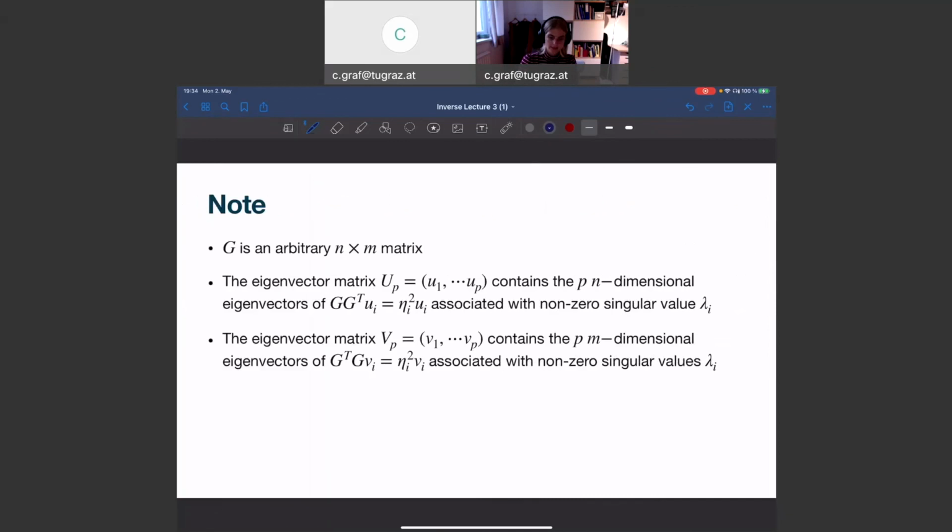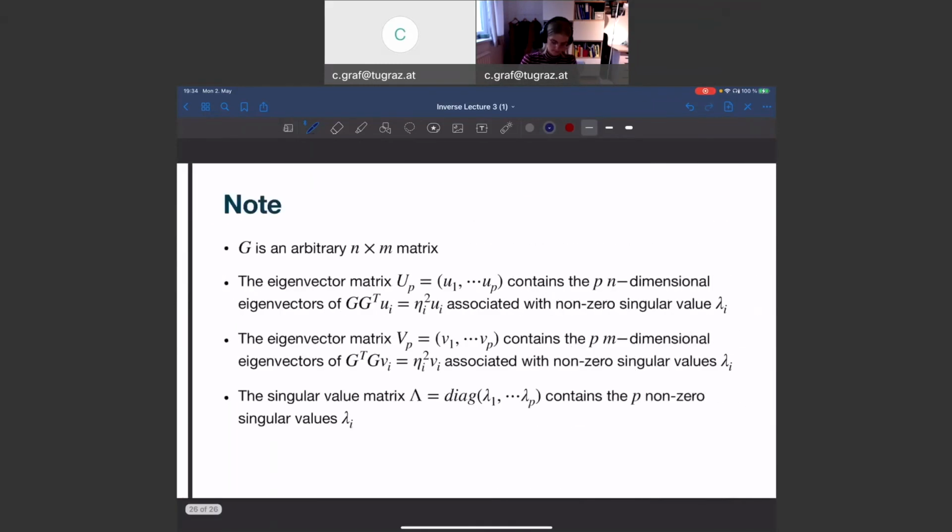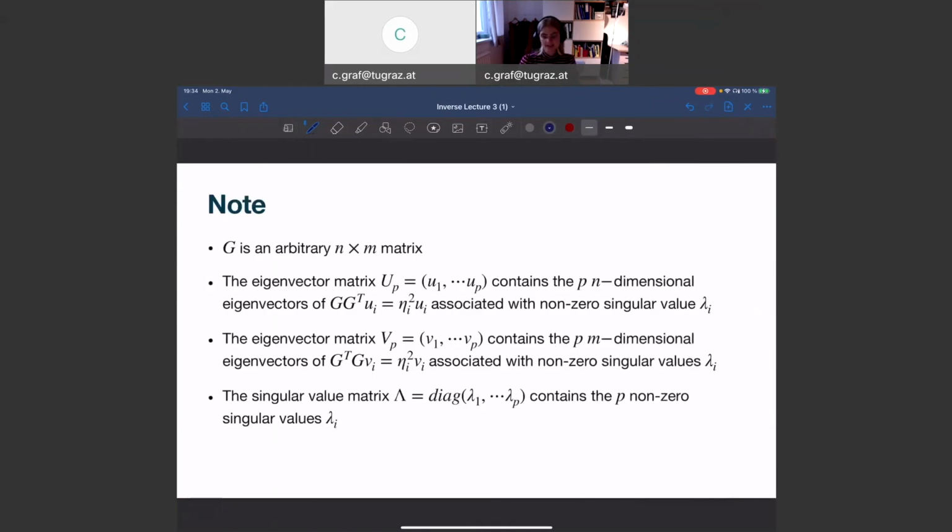Same thing for Vp. So Vp contains the p m-dimensional eigenvectors of the second eigenvalue problem associated with the non-zero singular values. And finally, the singular value matrix lambda contains the p non-zero singular values lambda i.